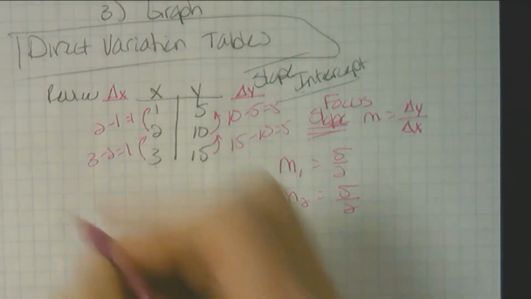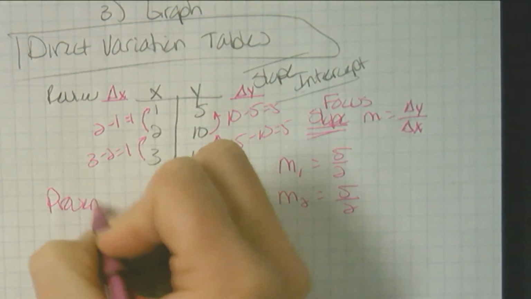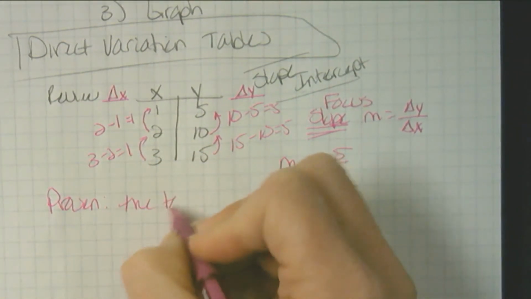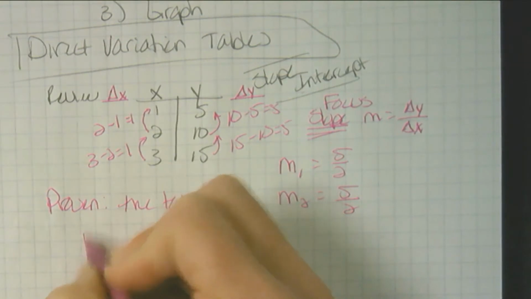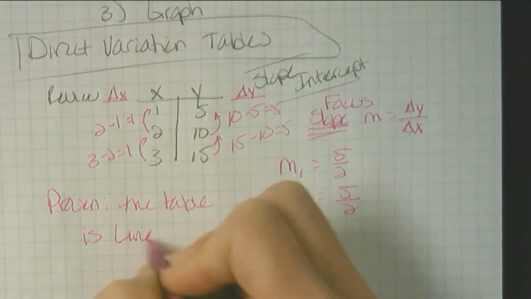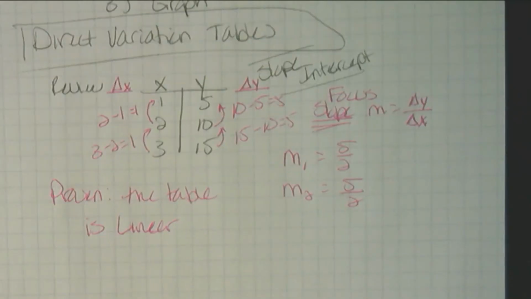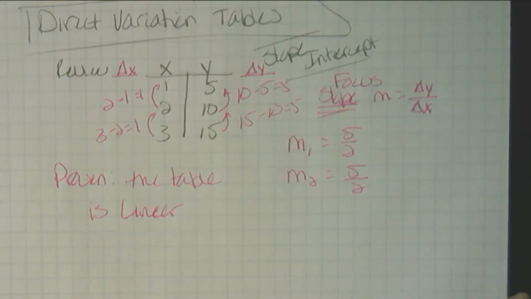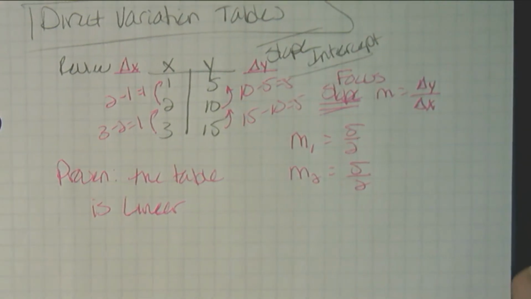So what we've now proven is the table is linear. All right, and then we could write an equation for it. The only thing missing here is our y-intercept, and we could figure that out. But I just wanted to focus on beating up the table.